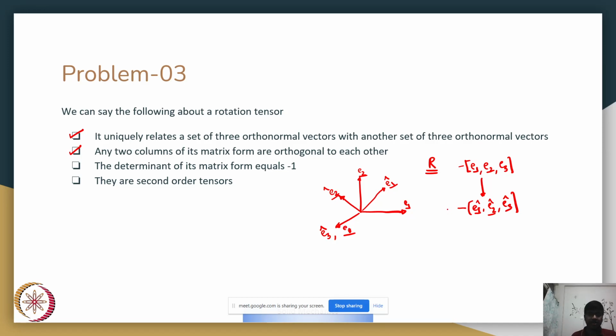Is the determinant of this rotation tensor in its matrix form equal to 1 or minus 1? Does anyone remember?